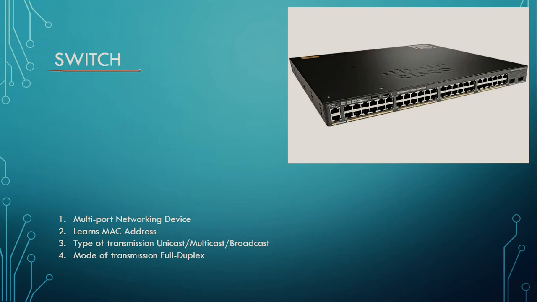A switch is a multi-port networking device that connects other networking devices and creates a network. Type of transmission in switch is unicast, multicast, and broadcast. Mode of transmission is full duplex. So we are clear, right?